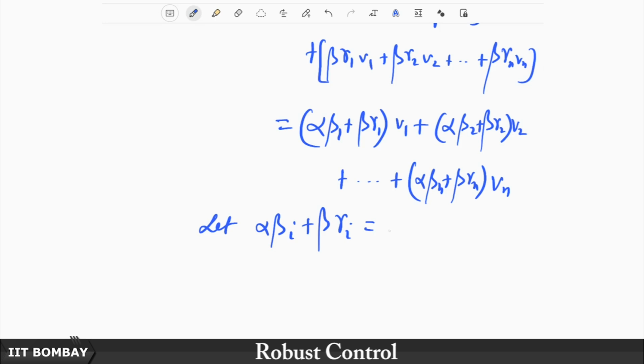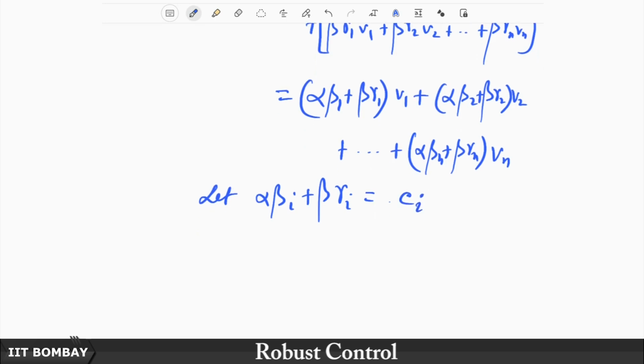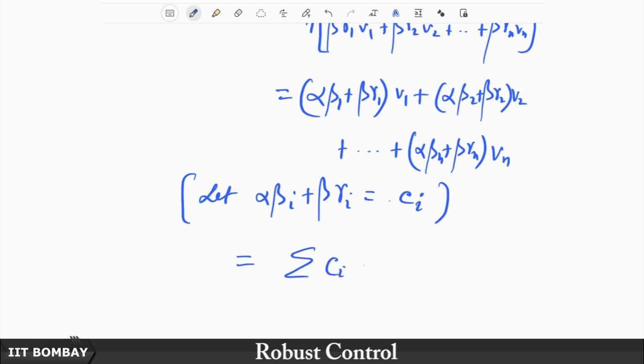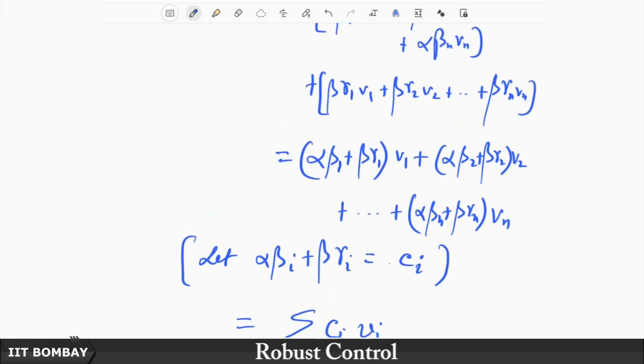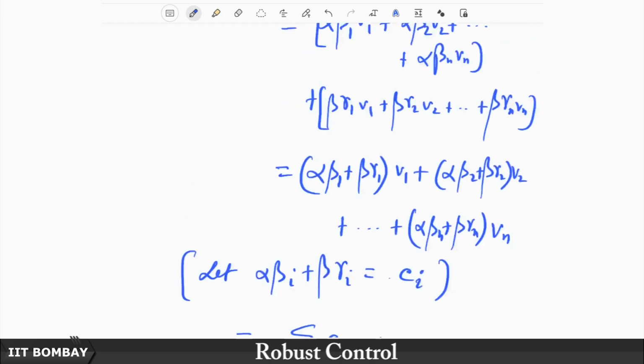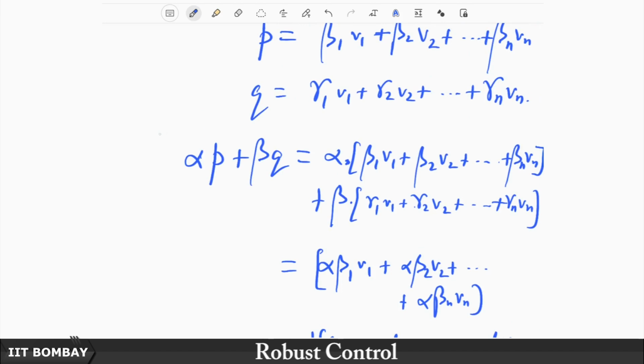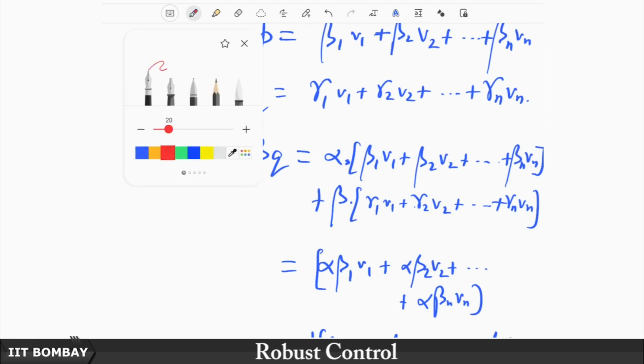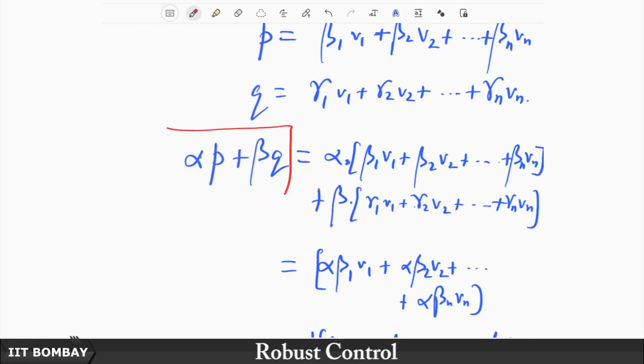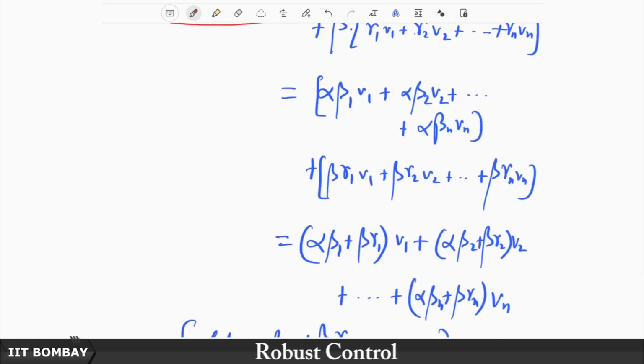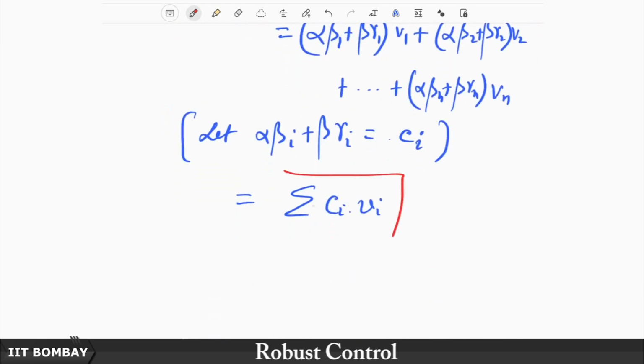Let us call this just Ci, nothing fancy. So then what we can continue to write is this is nothing but summation Ci Vi. But what does that mean? Remember, this vector that we are trying to check for can actually be written in this form.